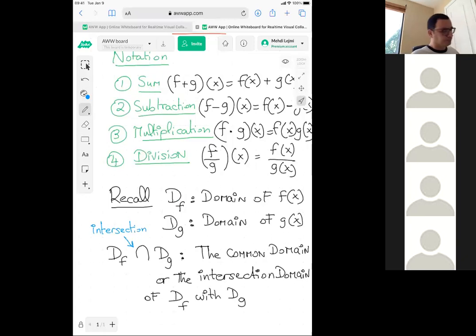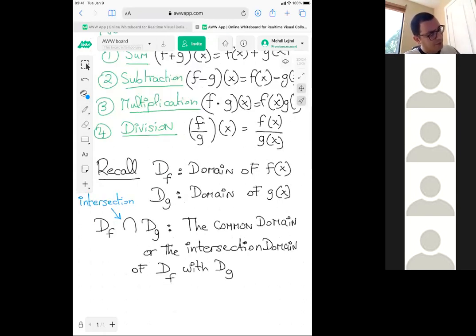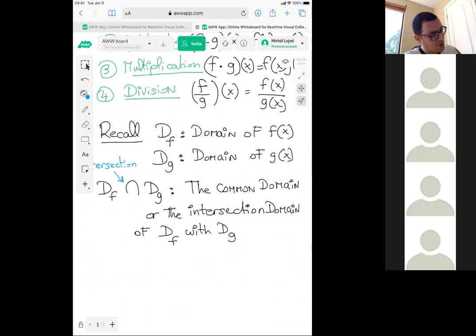Anyway, why are we interested in this intersection or this common domain? Because, as I mentioned yesterday at the end of the lecture, we are interested in the domain of f plus g, f minus g, f times g, and f over g. So we said the domain of f plus g, f minus g, f times g will be the intersection or the common domain.